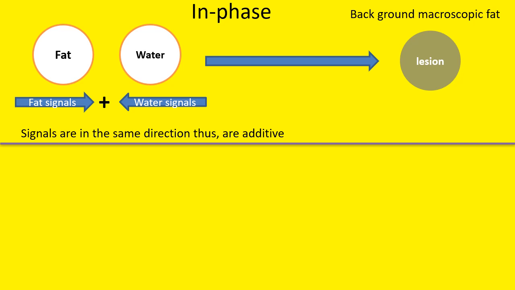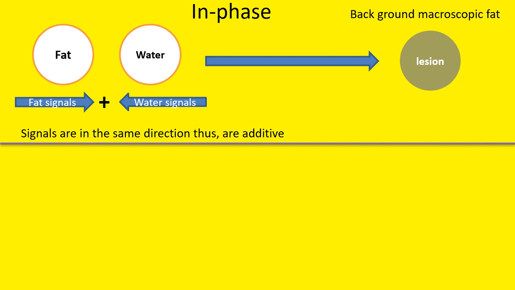If we check this diagram and imagine that the yellow color represents the abdominal fat in the abdomen, and the lesion has two components, fat and water components.